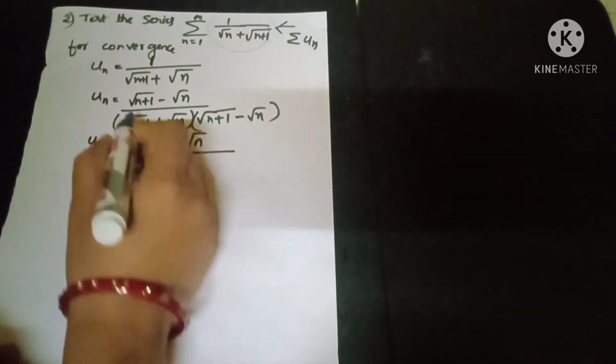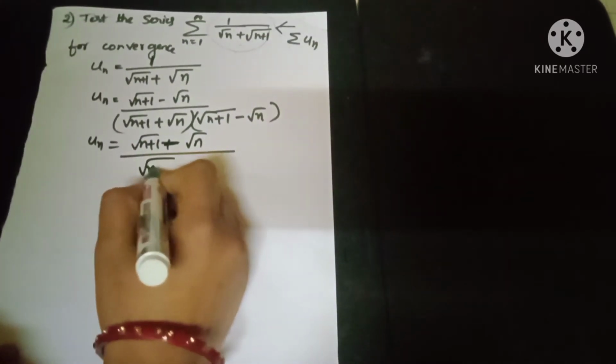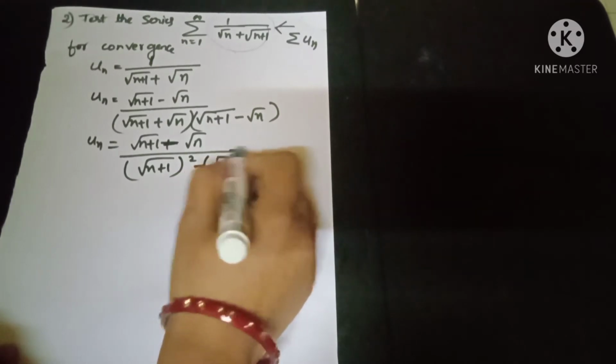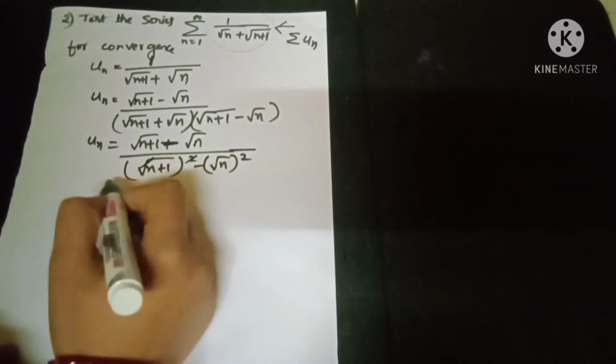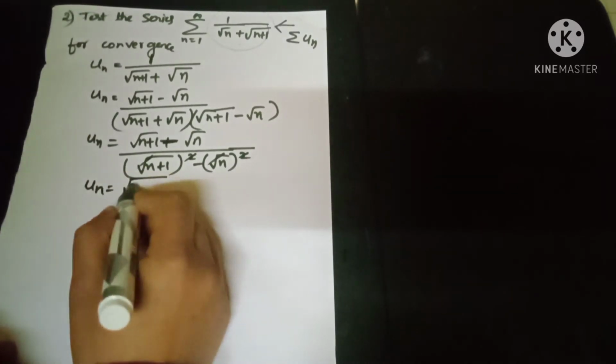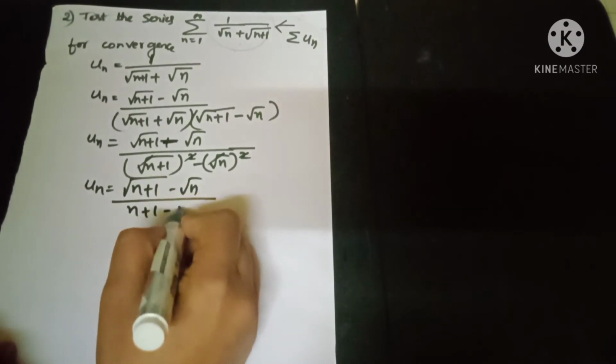So this is a plus b into a minus b. So a square minus b square. The square and the root cancel and what we get is n plus 1 minus n.